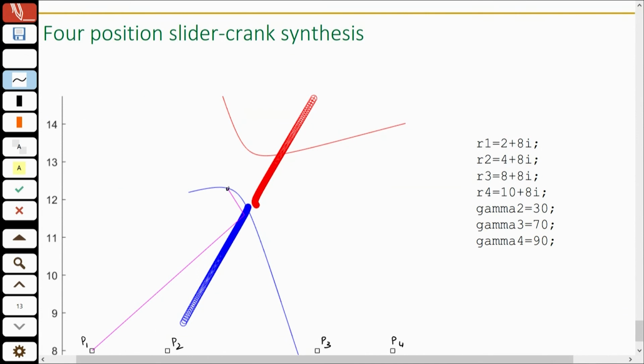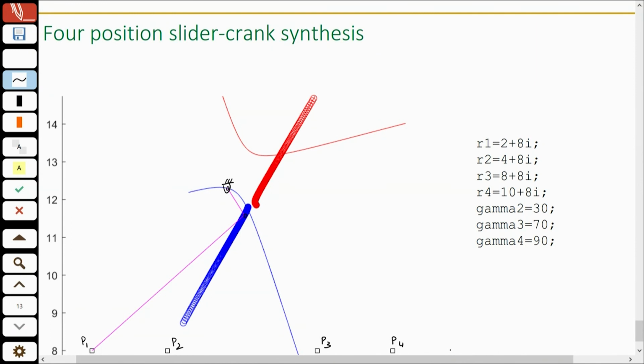So, I draw the m and k curves, and find a dyad which will give me a slider crank that can move through these 4 points in a straight line.